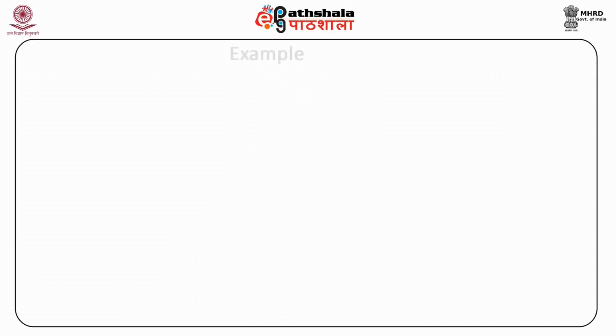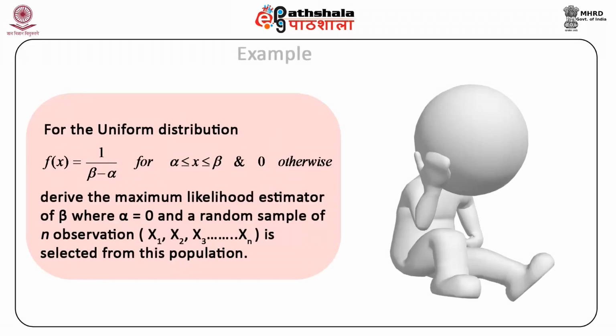The next example we discuss is for the uniform distribution, f(x) equal to 1 upon (beta minus alpha) for x greater than or equal to alpha but less than or equal to beta, and 0 otherwise. Derive the maximum likelihood estimator of beta, where alpha is equal to 0, given a random sample of n observations, x1 to xn, selected from the population.